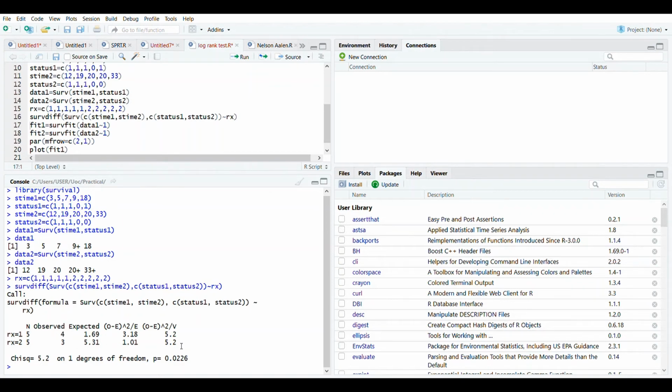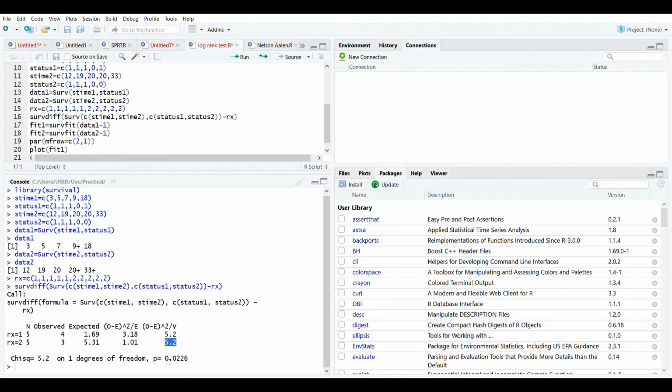Computing the chi-square test statistic value, we get again 5.2. So the chi-square test statistic value is 5.2 on 1 degree of freedom, and the p-value is obtained as 0.0226, that is approximately 0.023.